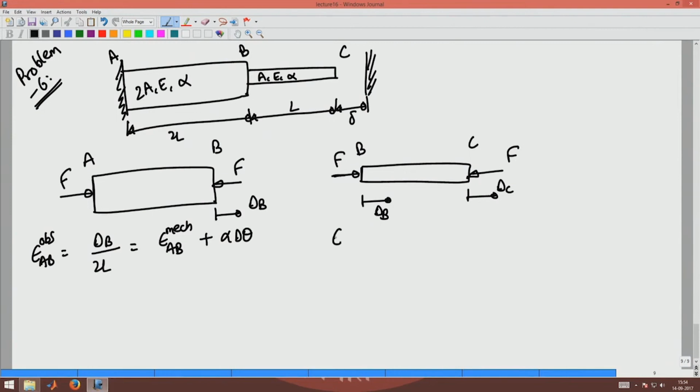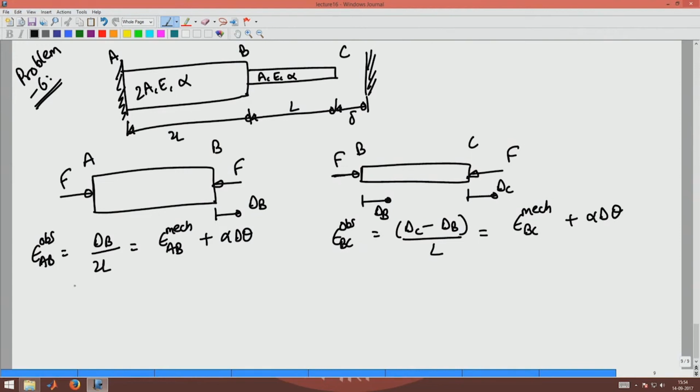Similarly, the observed strain in member BC would be delta C minus delta B by L, which will be equal to the mechanical strain in BC plus alpha delta theta.